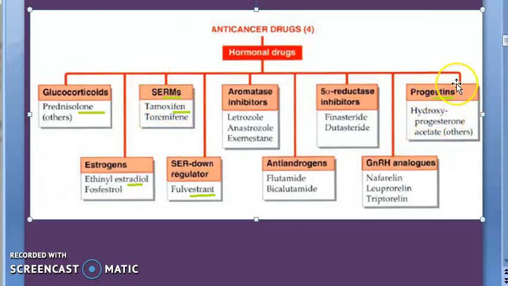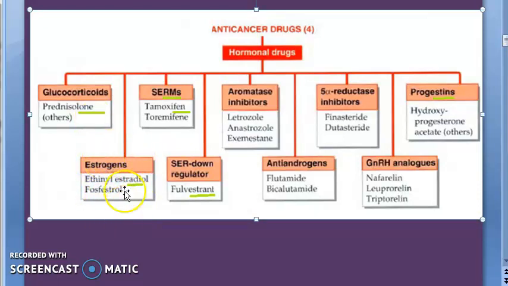You can give progesterone, okay. You can give anti-androgen, gonadotropin releasing hormone analogs, okay. Then so many things like glucocorticoids also can be given as a hormonal therapy because this is an immunosuppressant, prednisolone, okay. So hormonal therapy.